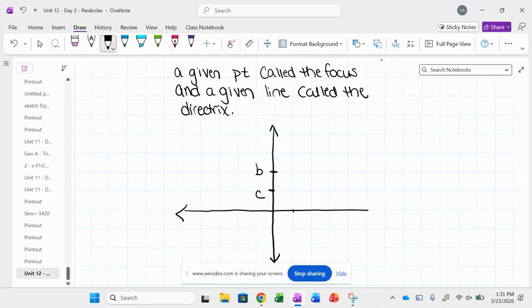Actually, I'm gonna move this over. So just draw this and I'm going to explain.